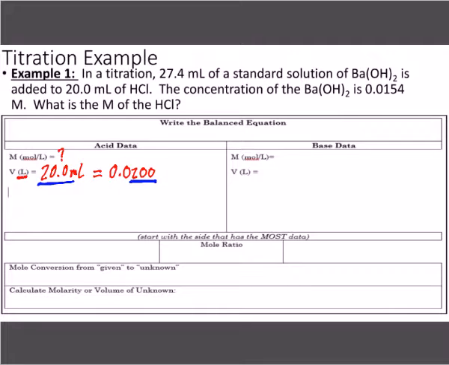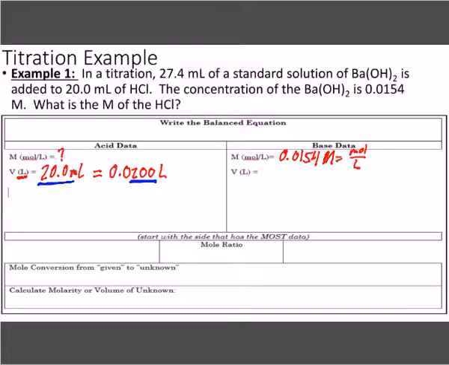All we're doing right now is jotting down our information. Now the base. My base is barium hydroxide. What's my molarity of my base? This is where it becomes crucial, guys, that you know your units. What does capital M equal? n over V, or moles per liter. n does mean moles, but make sure V is liters.